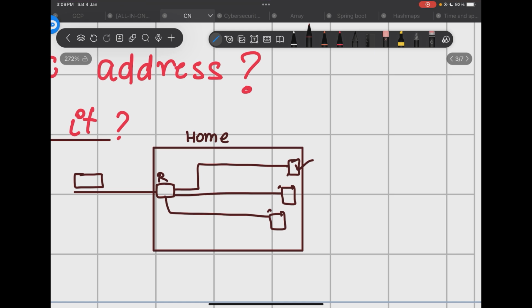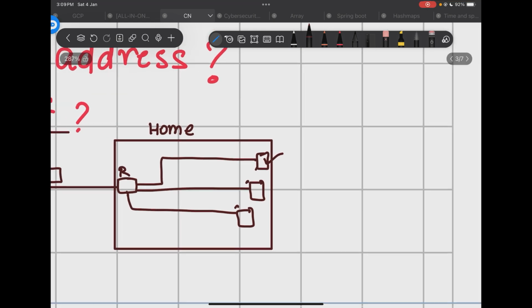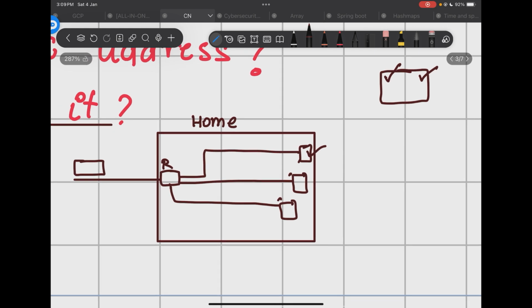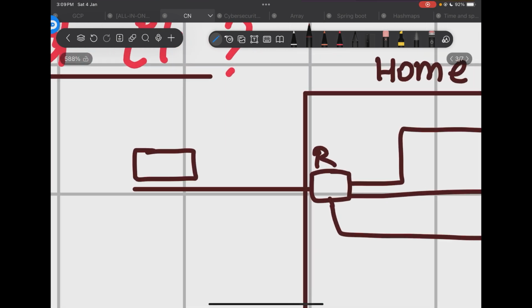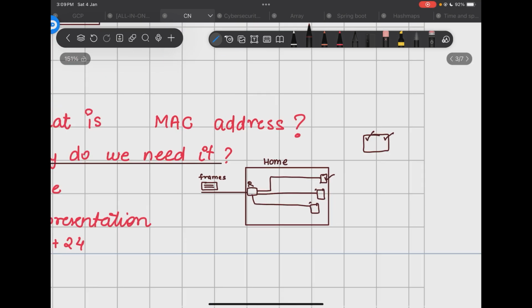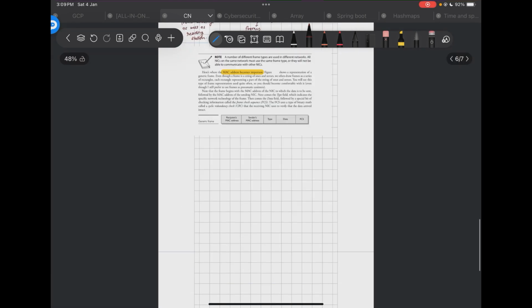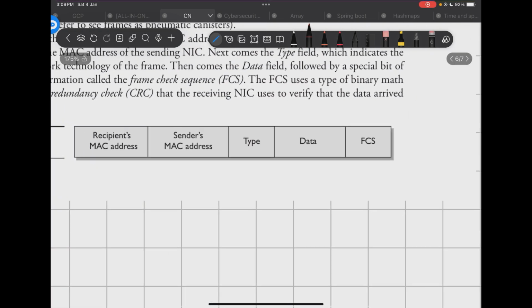It just simply cannot. You can compare it with the analogy of postal services. When a parcel comes, it has your address on it. It also contains the address of the sender. Just like that, the router receives information in the form of frames. I have a frame format right here. This is the format of a frame.